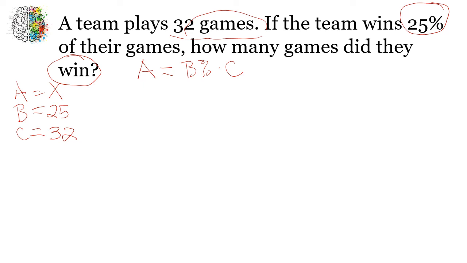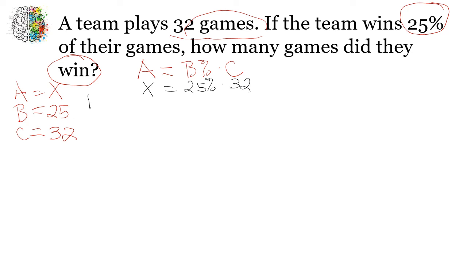So if I put it into my equation, I've got A is my unknown X, B is going to be 25%, and C is going to be 32. So we're solving for a portion of the total.